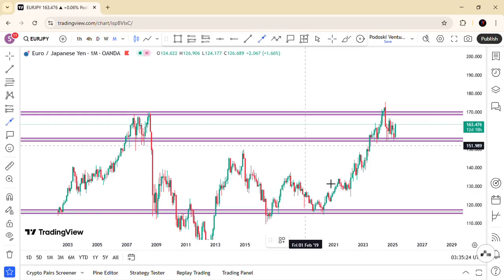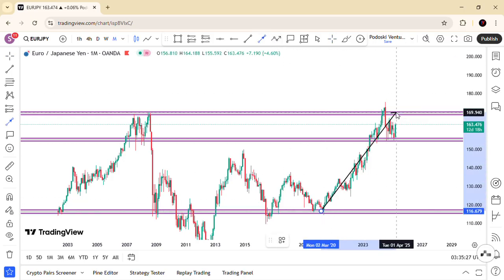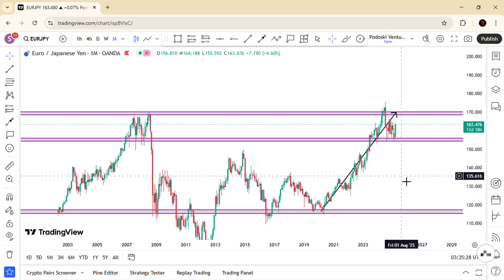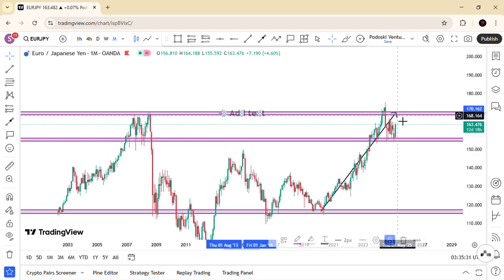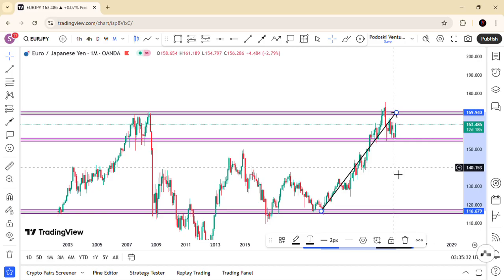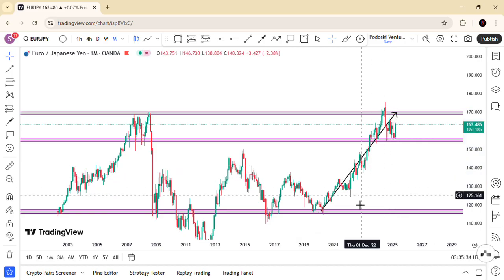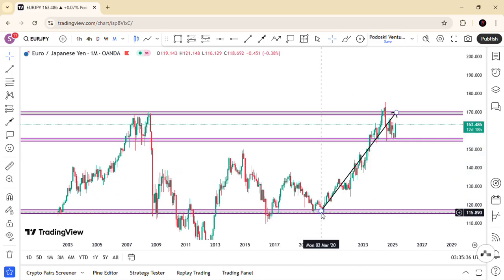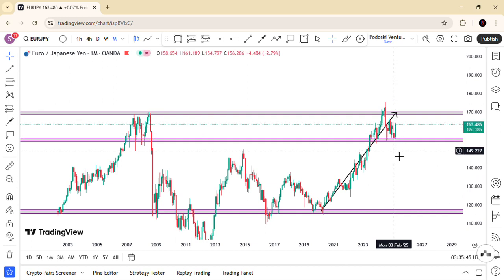Currently, EURJPY is in an uptrend. EURJPY is very bullish. It has been bullish for a very long time, from 2020 all the way to 2025.